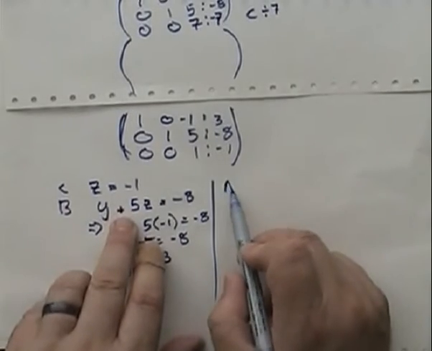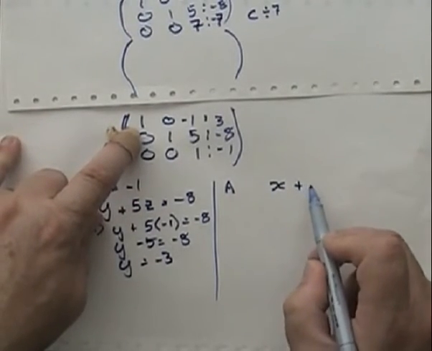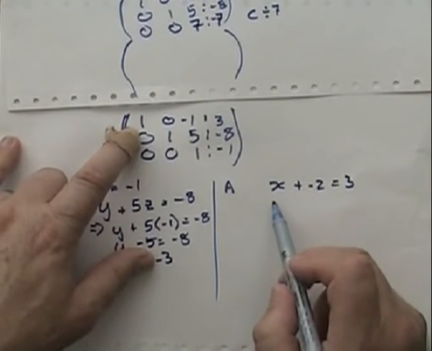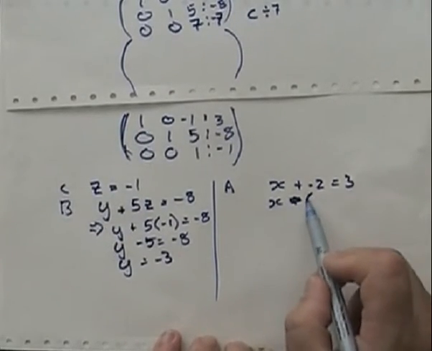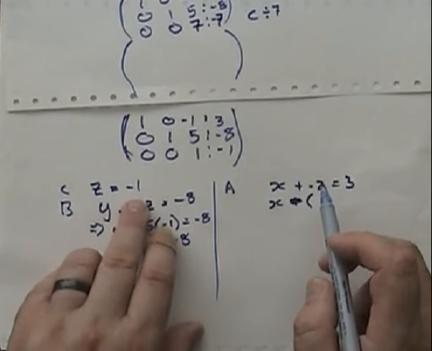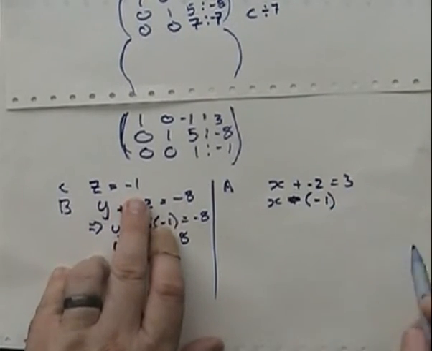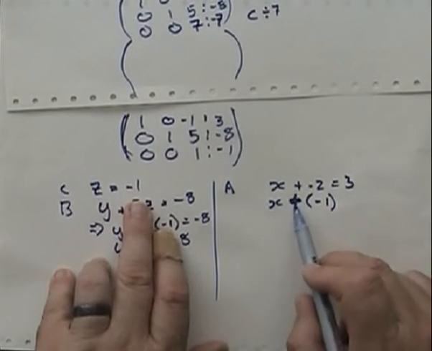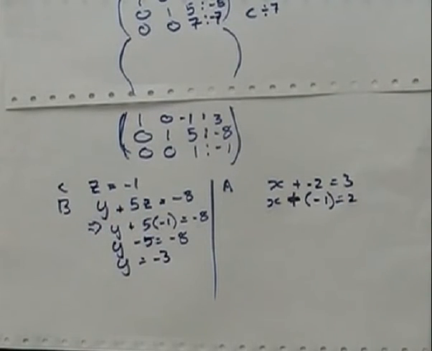And then the final bit is from row A. We can tell that x plus 0y minus z equals 3. We know what z is. The value of z is minus 1, so x minus minus 1 equals 3.